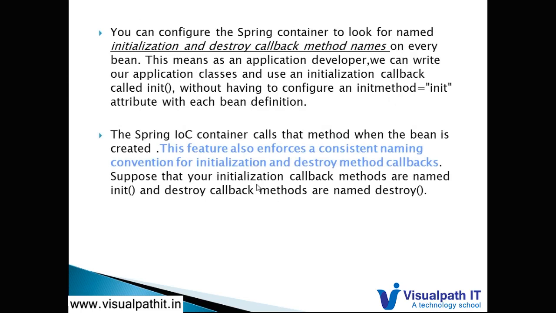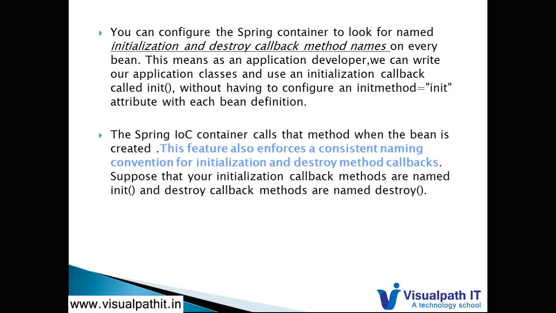We can configure the Spring container to look for named initialization and destroy callback method names on every bean. As an application developer, we can write the application classes and use the initialization callback called init, without having to configure an init-method equal to init attribute with each bean definition.